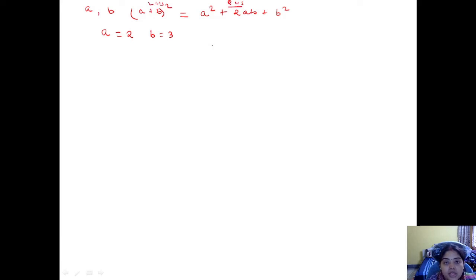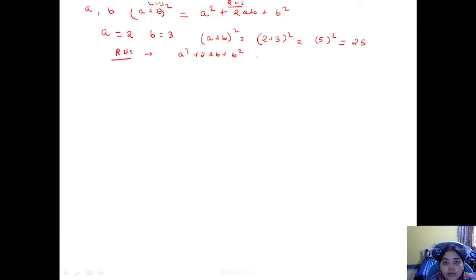Fine. So in the left hand side, what we have is A plus B whole square. If we put these values, 2 plus 3 whole square, we will be getting 5 whole square. So what is 5 whole square? It is 25. Similarly, in the right hand side, we have A square plus 2AB plus B square.